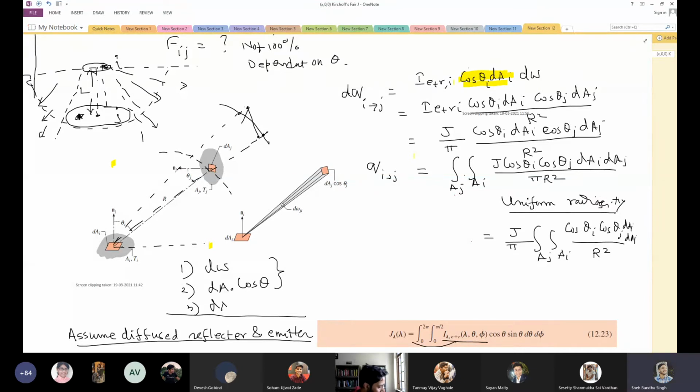So the projected area of the emitting surface is in the direction of the line joining these two surfaces. And in the other case, it is the projected area of the receiving surface on the surface of the hemisphere. Otherwise, if it does not have any projected area on the hemisphere, it cannot subtend any solid angle.